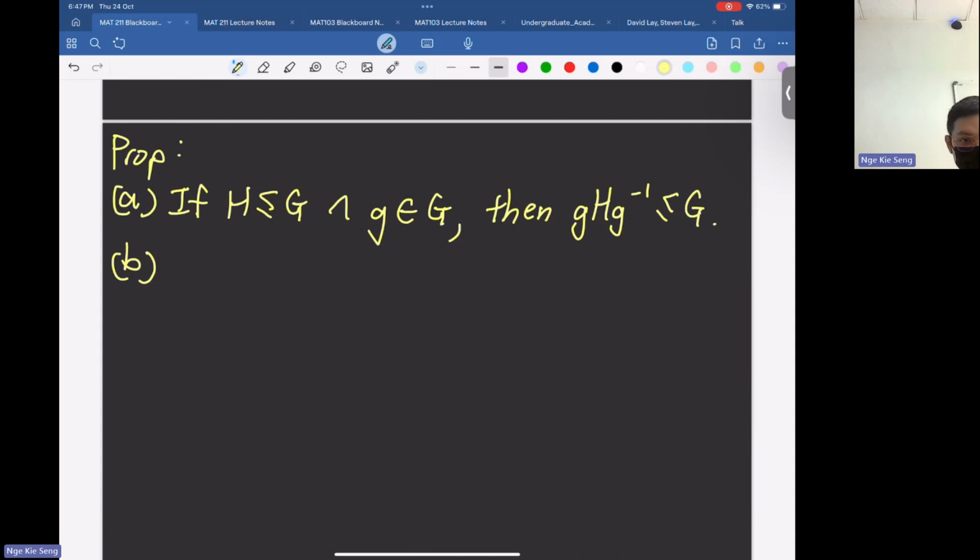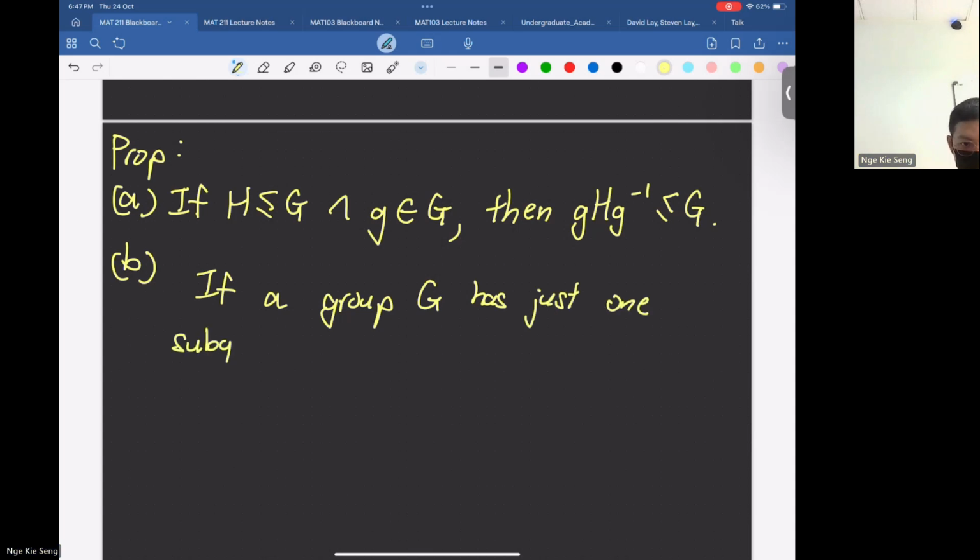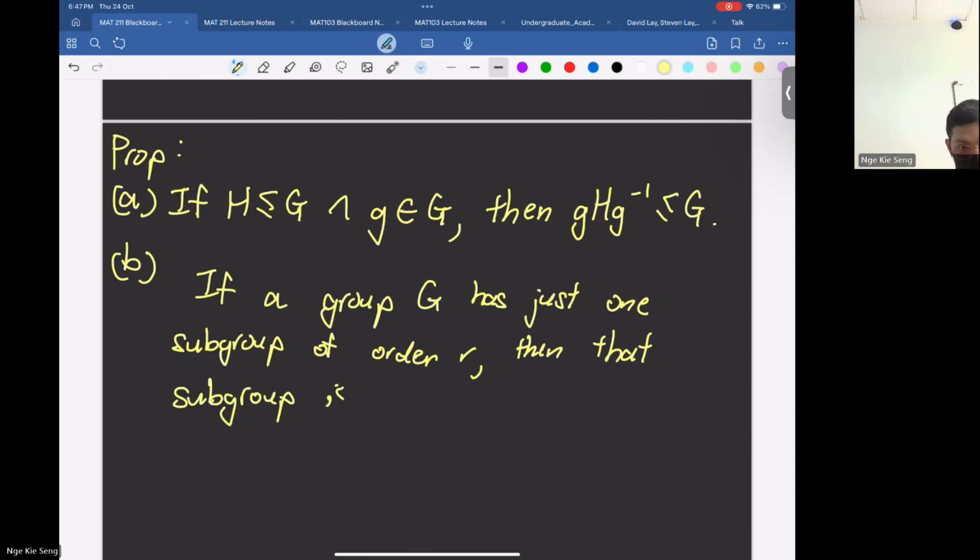The other statement is: if a group G has just one subgroup of order R, then that subgroup is normal. You might wonder what R is. A random R is fine.